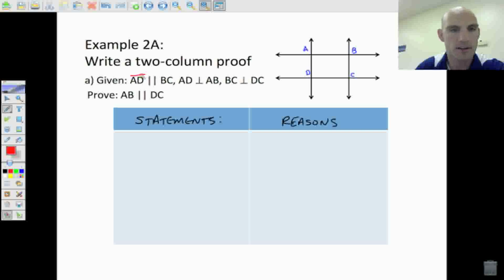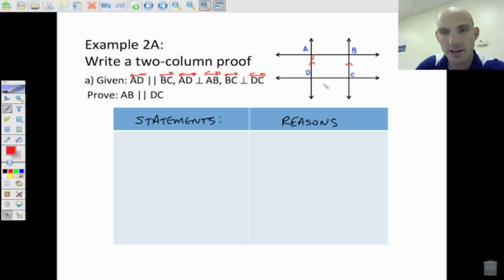I have AD is parallel to BC, so I'll mark that with those little arrows. And AD is perpendicular to AB, so this intersects at a 90-degree angle here. And they also give me that BC is perpendicular to DC.